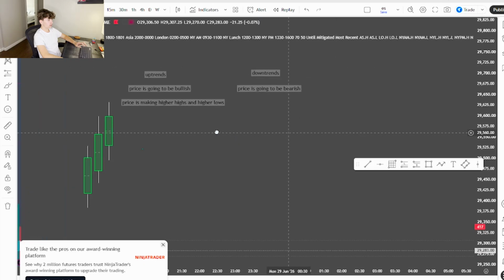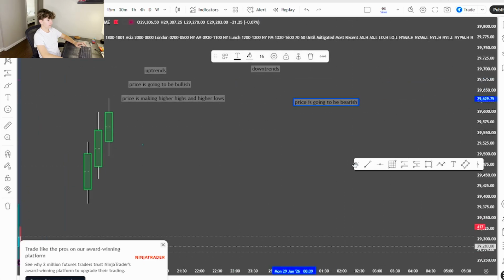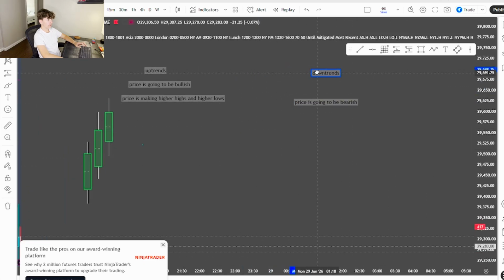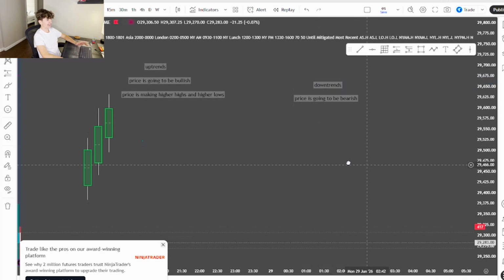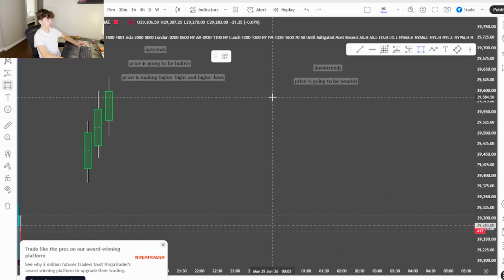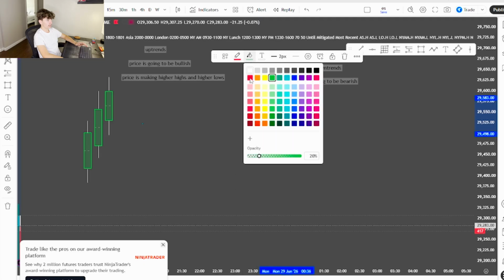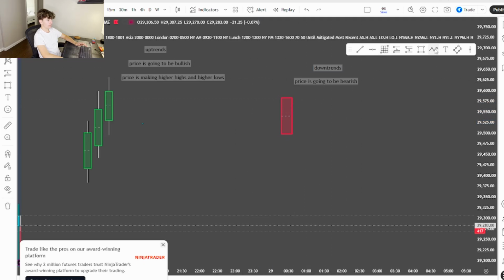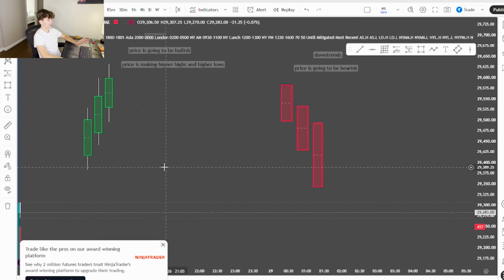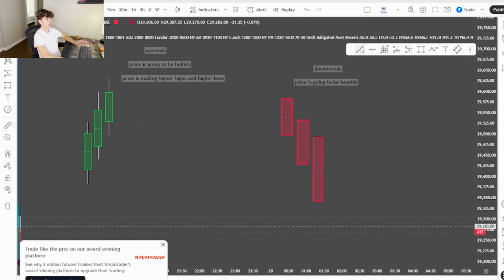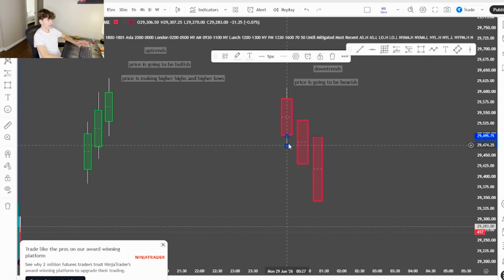Same thing when it comes to a downtrend, although it is again flipped. So when you have a downtrend, you're going to see these red candlesticks moving in a downward position. Same thing here, but just with selling candles. Again, you're going to have these wicks.